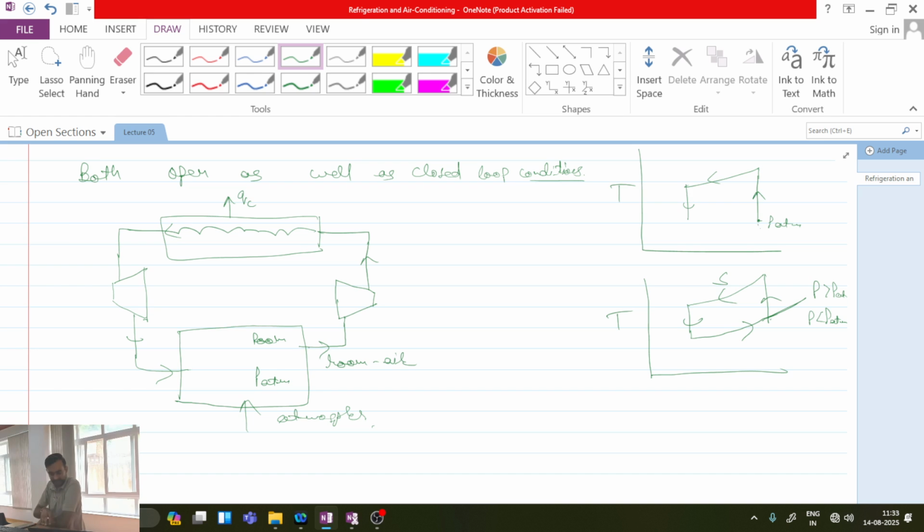Okay, because the compressor at a single time cannot suck the entire amount of air. It will be taking some fraction of air, and some other volume of air it will be supplying from the other end. It is like this: from this corner it is taking the air, from that corner it is supplying the air. So the same quantity of air is not circulating, but a random quantity of air is taken from the room and a random quantity of cold air is supplied to the room.